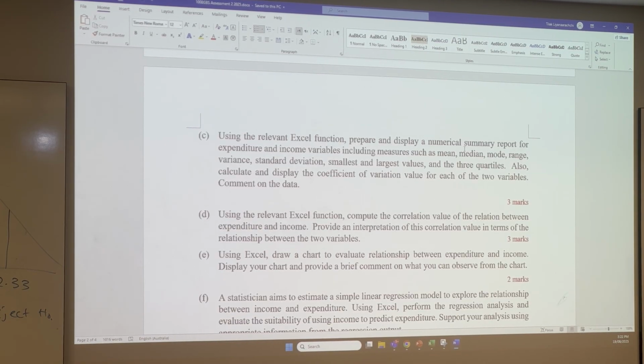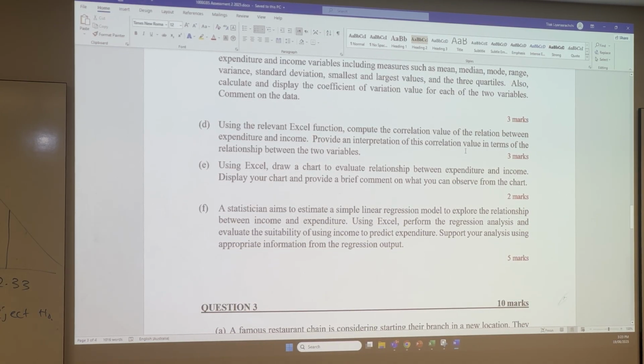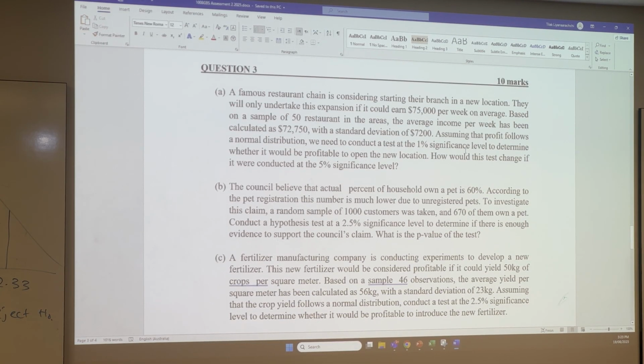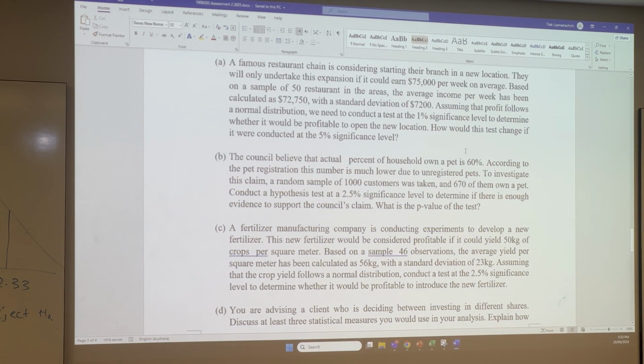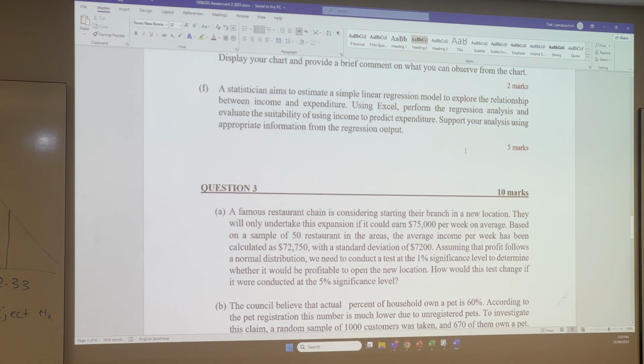So these are numerical summary measures. Okay. So question number D, E, F mean that you can't answer those 3 questions yet because we are doing it next week. Question number 3, A, B, C, D is about hypothesis testing. That's what we discussed.